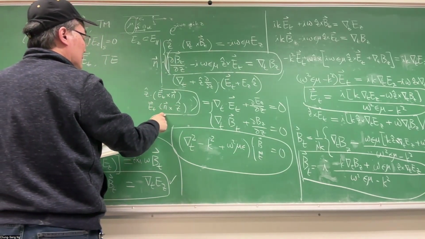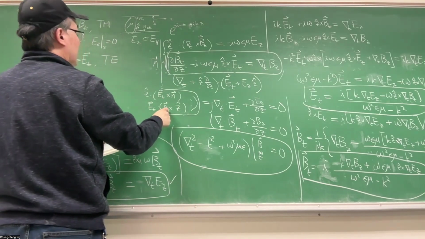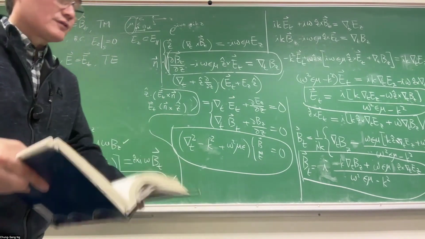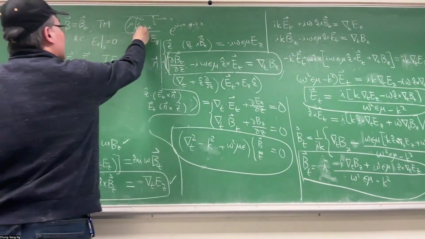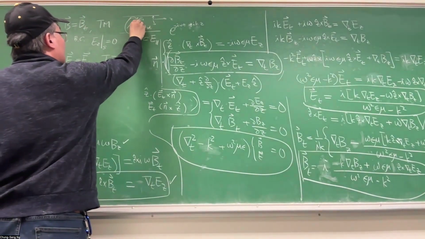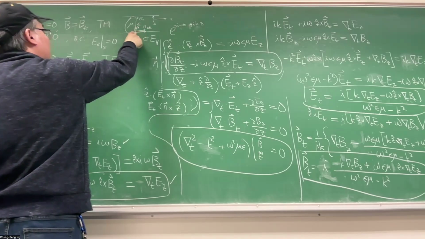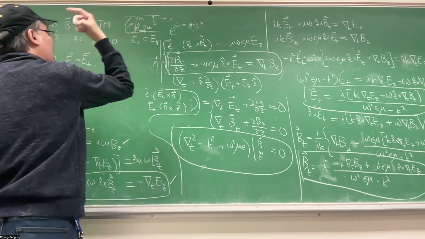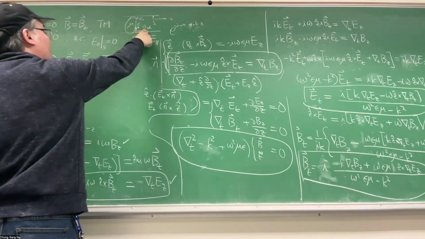Now let's see what this reduces to, n cross z. So z is in this direction, and n is in the transverse direction. The transverse plane has two directions: one is n, the other is perpendicular to n and also perpendicular to z.